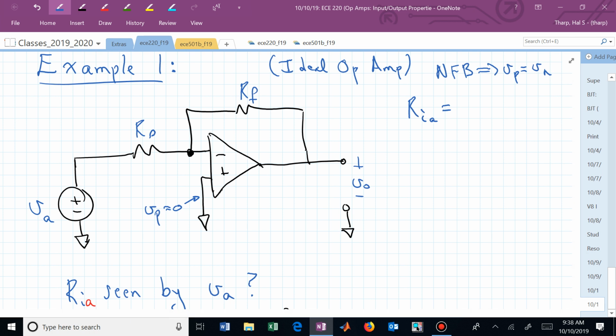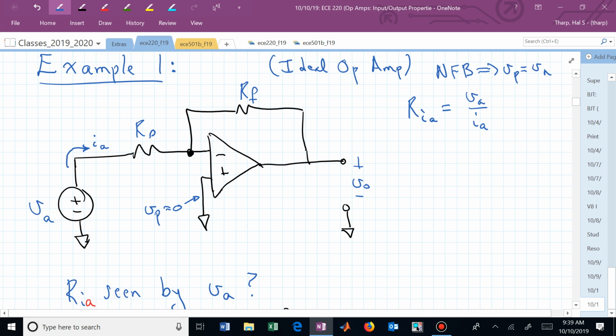The expression that I was begging for R sub I sub A is V sub A over I sub A, where this is now I sub A. That's now the effective resistance that source sees. It's now the voltage across those two terminals divided by the current into that terminal. That's Ohm's law, and that's really what we are trying to determine here.